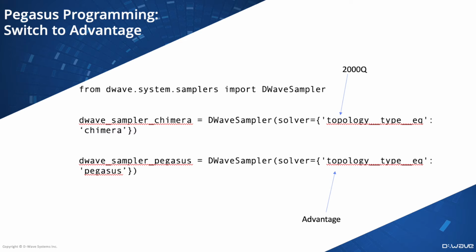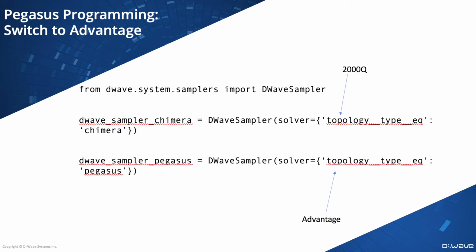Now, here's the very simple thing you have to do in order to change from Chimera to Pegasus. And as I said, even within a few minutes, under an hour of the announcement on September 29, we were getting reports that people were already running problems on Pegasus.